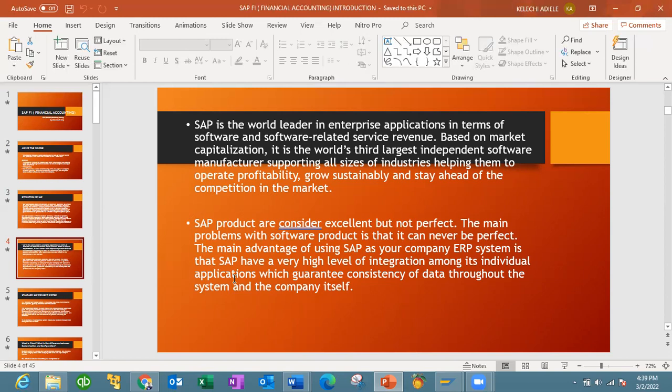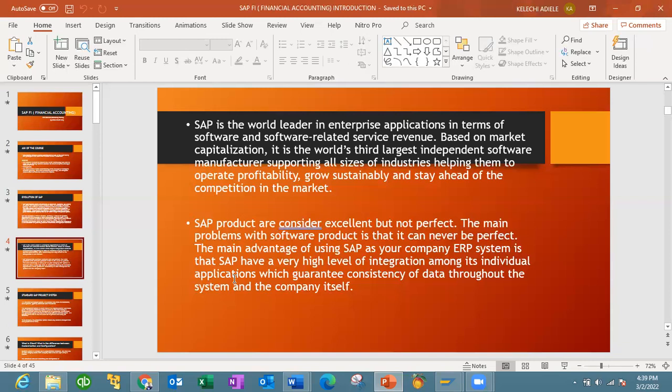It has a lot of modules, depending on what the organization wants to achieve. But the beauty is that all these modules were designed in such a way that they can integrate together. So let's say I am doing something in materials management.